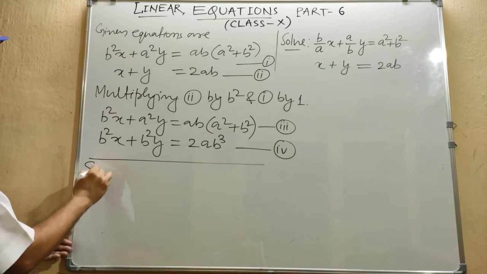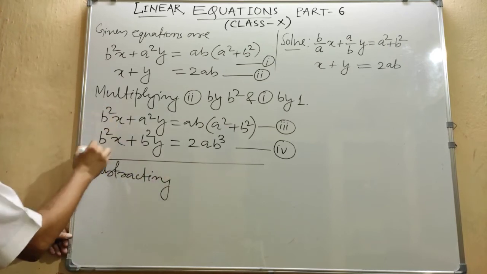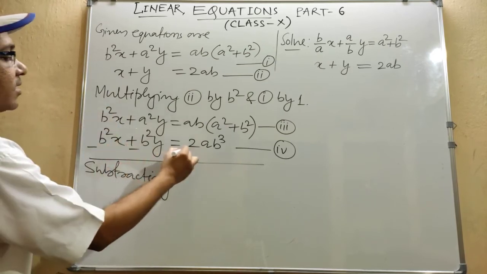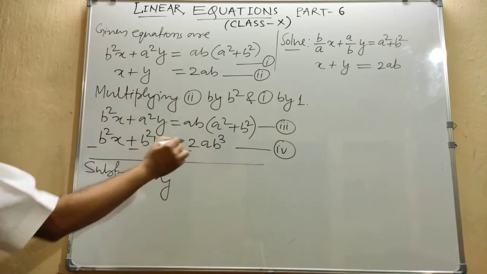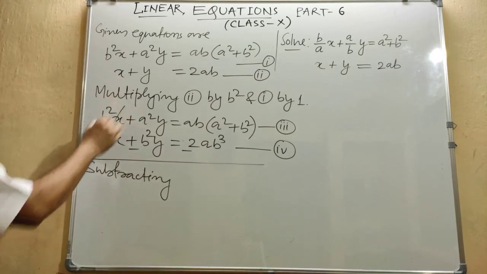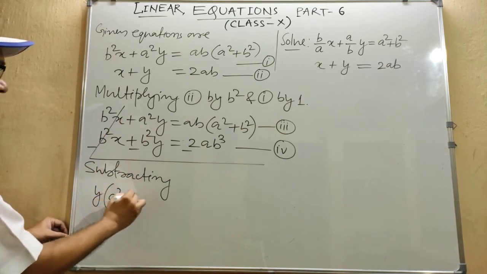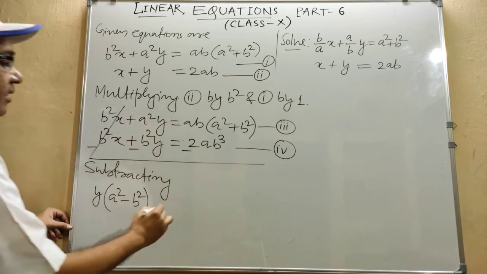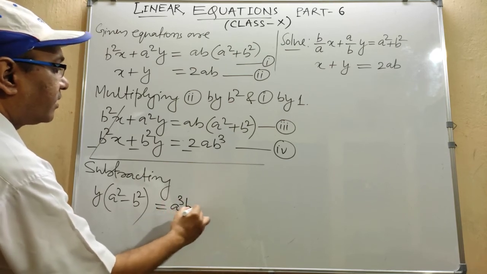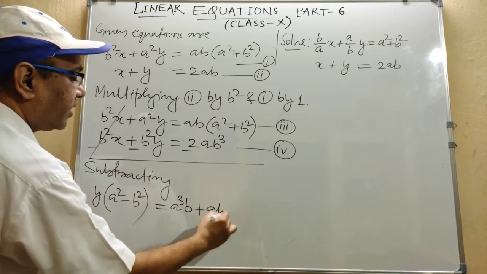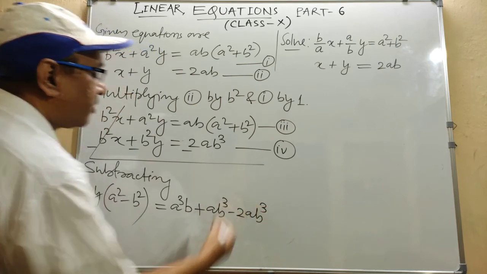So subtracting here, both the signs are the same, so subtracting. So this will become minus, this is plus, so this becomes minus. Subtracting means after changing the sign, adding. Now plus and minus cancel. Here y is common, you will get a square minus b square in bracket, and here a cube b plus a b cube and minus 2a b cube.